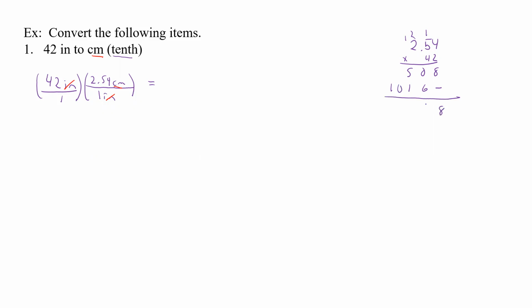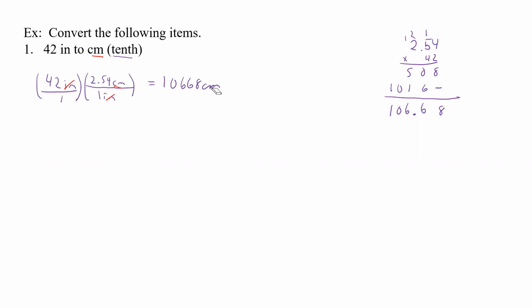So we have 8, 6, 6, 0, 1. And so this is going to be 10668 centimeters. Oh, but we remember something here. I forgot we had decimals here. So we have 2 decimals, so we actually have that value.